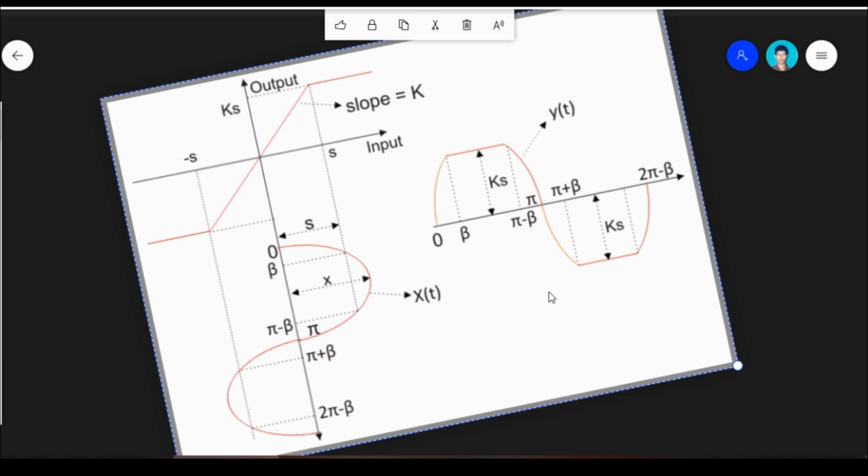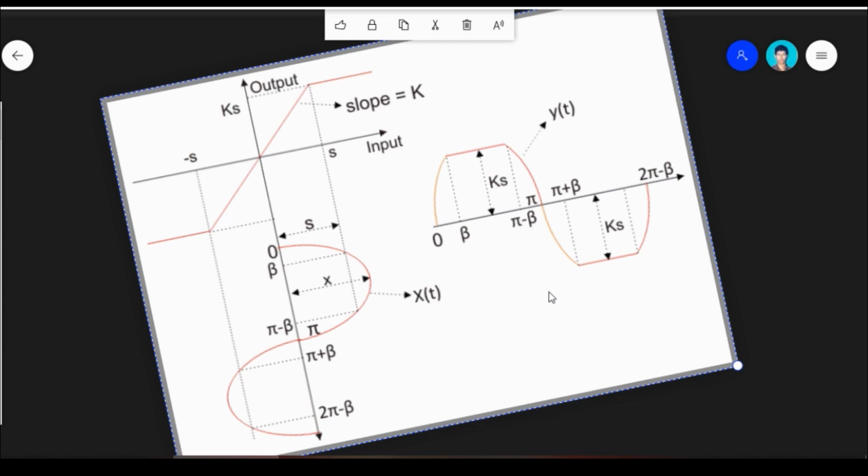So what is the problem with this saturation? In a system with saturation, you are giving a sinusoidal input, but you are getting a periodic output, and that output is no more a sinusoid.